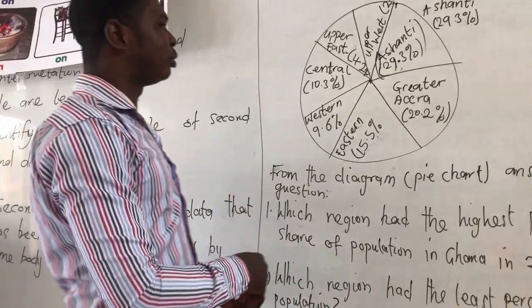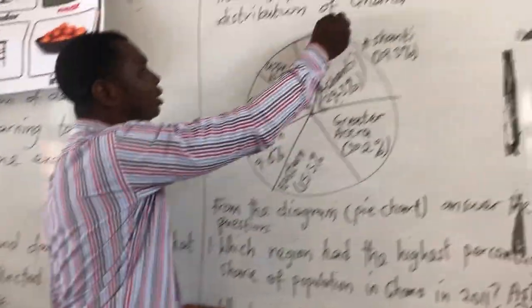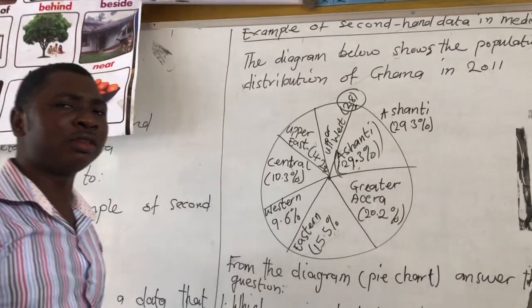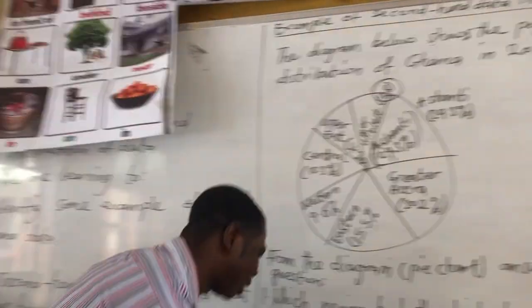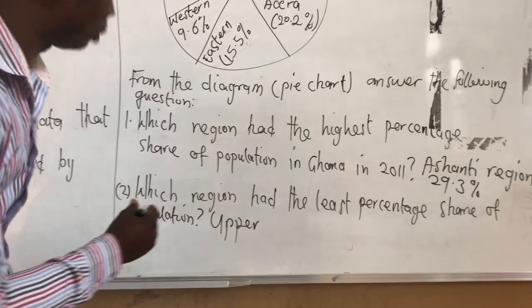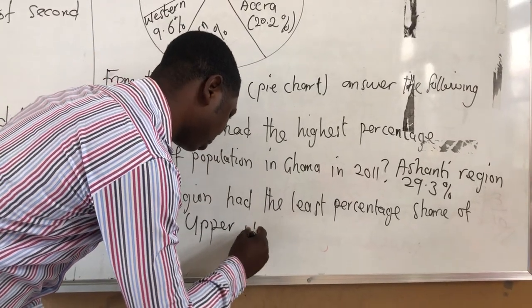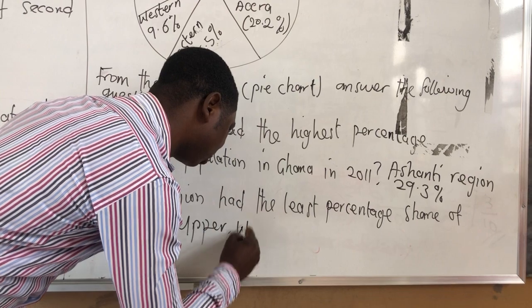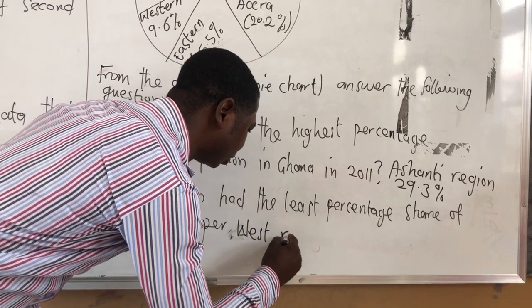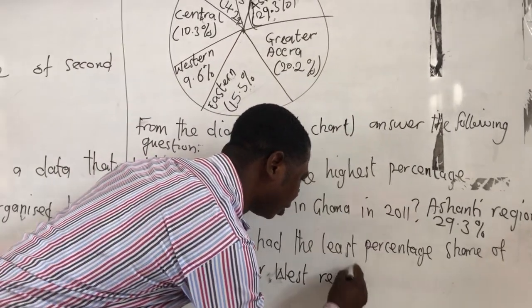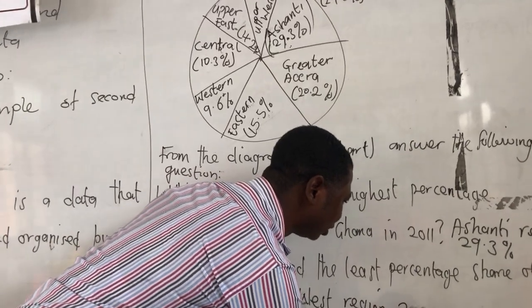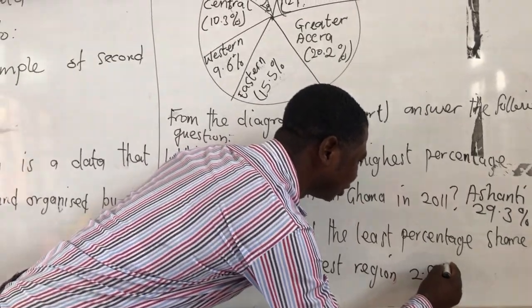You can see that this is 2.8. So which region is it? Upper West region, with the percentage 2.8%.